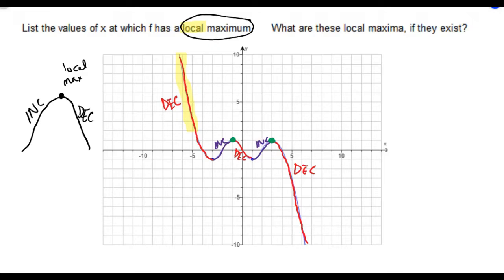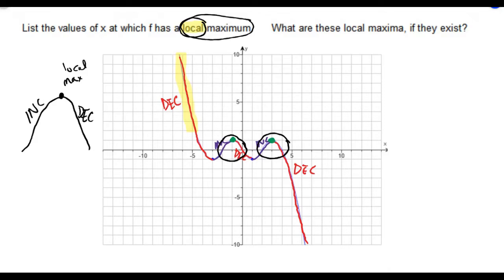So if we were to focus on only this portion of the graph, we notice that we do have a maximum in that localized region, and the same goes with this region here. In this localized region, we do have a maximum value. And so that's why we preface the word maximum with local. It may not be the maximum of the whole graph, but in a localized area, it's the maximum.